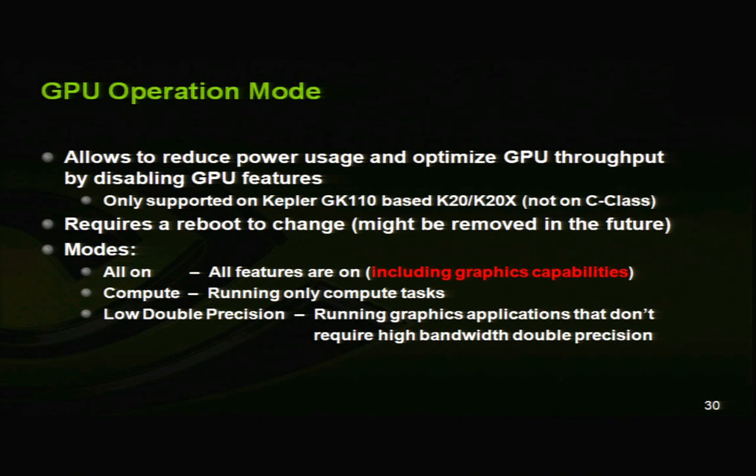The default mode is compute mode, so running only compute tasks, but you can change the mode in order to switch on the graphics capabilities of the K20 and K20X, so that you have a remote visualization cluster with the K20 and K20X. But of course, with all on, with the graphics capabilities switched on, you will consume a little bit more power.